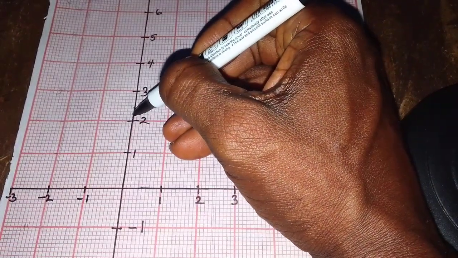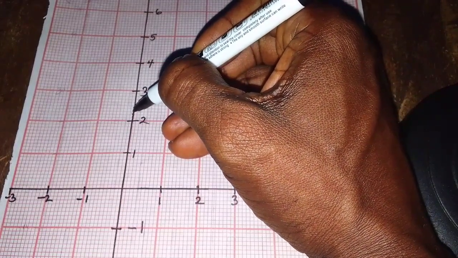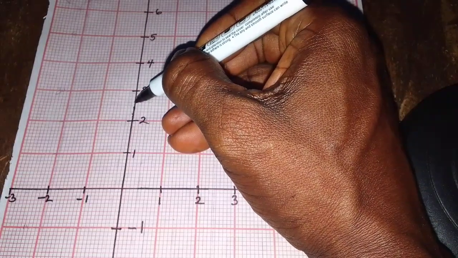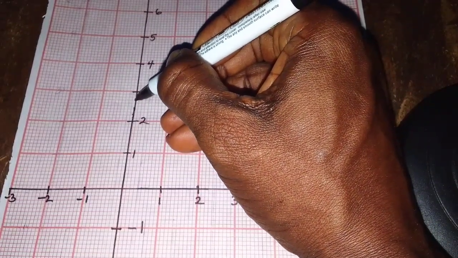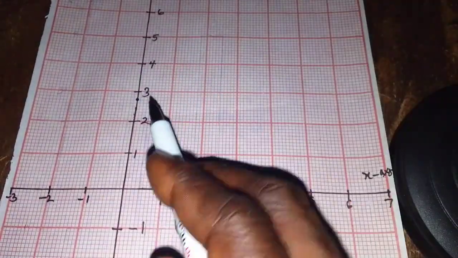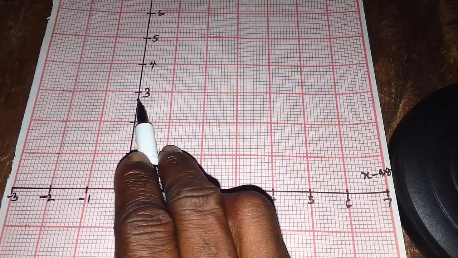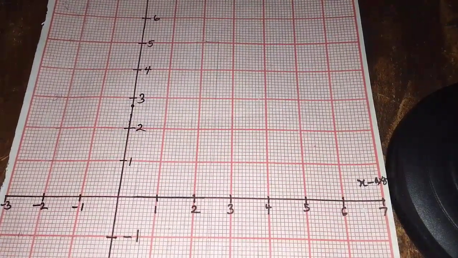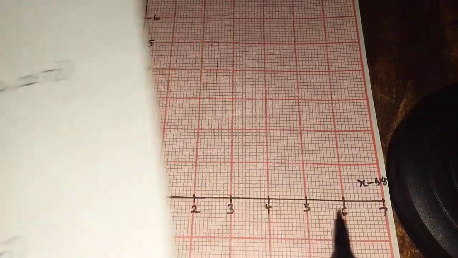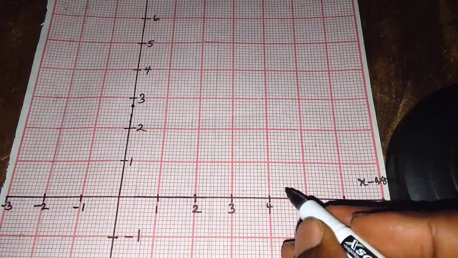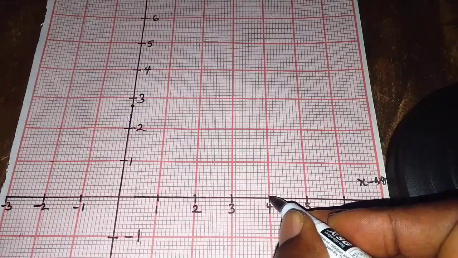If this is 2, then 2.1, 2.2, 2.3, 2.4, 2.5, 2.6, 2.7 will be here. So I'm going to mark this point. This is when x is 0, y is 2.7. And the other one, when x is 4, y is 0.